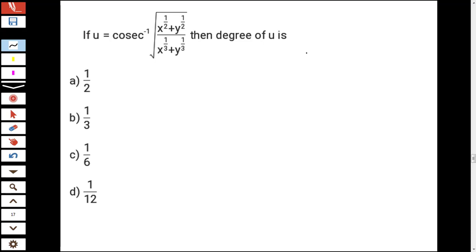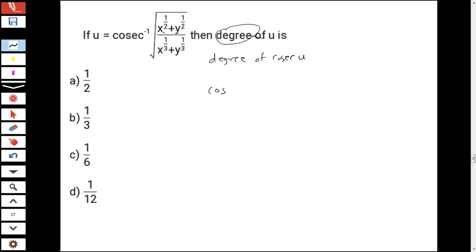How is this? u is equal to cosec inverse of under root x raised to 1 by 2 plus y raised to 1 by 2, then degree of u. Actually it must be not degree of u, it must be degree of cosec u, because as it is, if you consider u, it is not homogeneous.